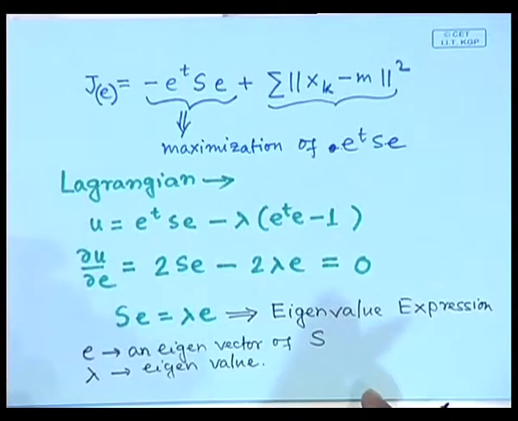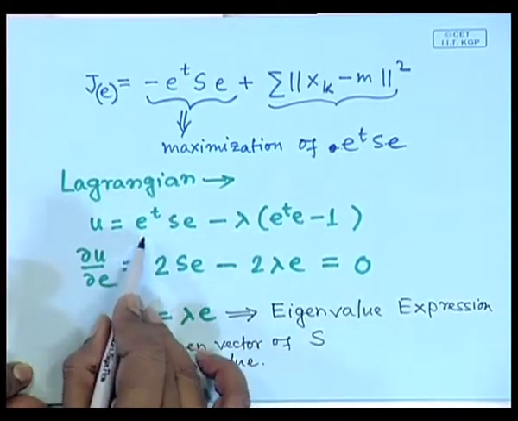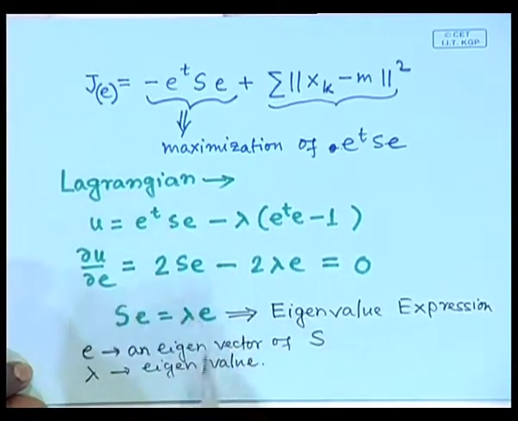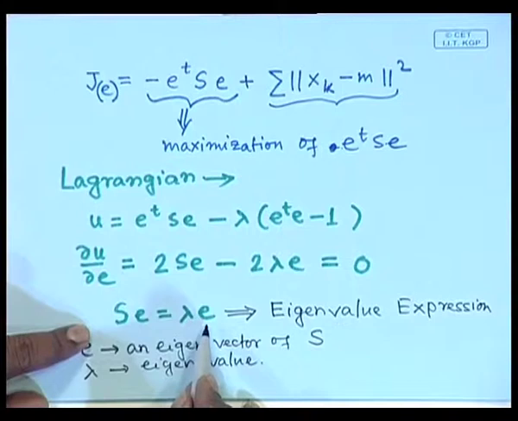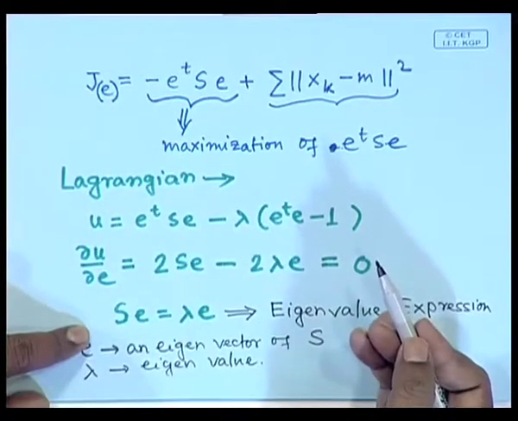Okay. And now you remember that my aim is to maximize E transpose S E, right, where S E is equal to lambda E. That means, I have to maximize E transpose lambda E. Our constraint is modulus of E is equal to 1.